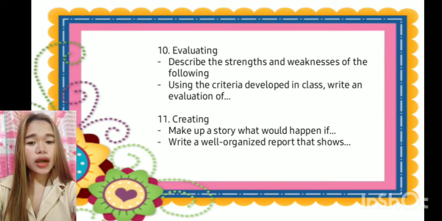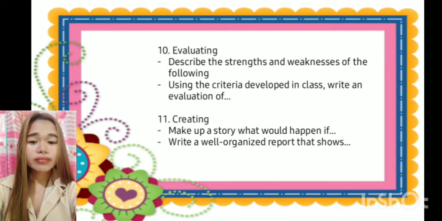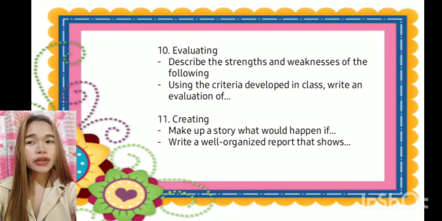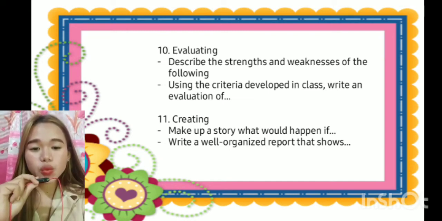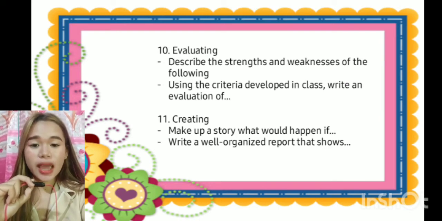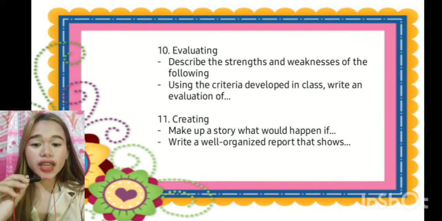Then also, in writing, you can describe the progress of the plant day by day. So, those are the possible example questions for the objectives of this essay. So, the last one is creating, meaning the student should create by the use of the concept that he or she learned.